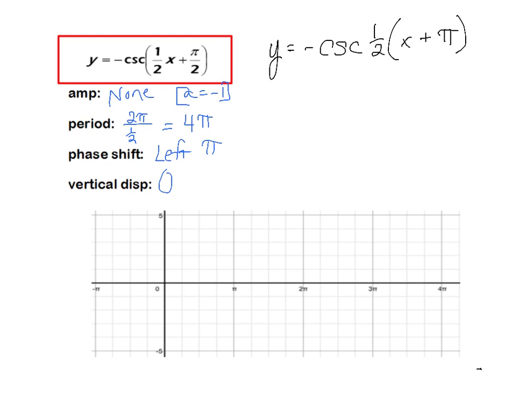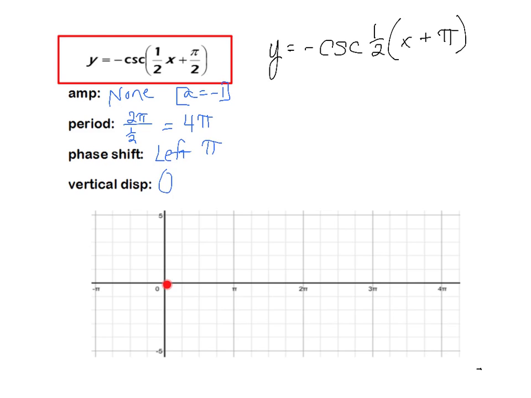I'm going to start off and think of it like it's a sine graph, and remembering that sine starts at 0 and heads up. If I start at 0 and head up, that's my starting point, but then I'm going to look at this and say, well, I have a -1. That's going to reflect my graph. Instead of me being at 0 headed up, that's going to reflect downward, and it's going to look like I'm at 0 headed down.